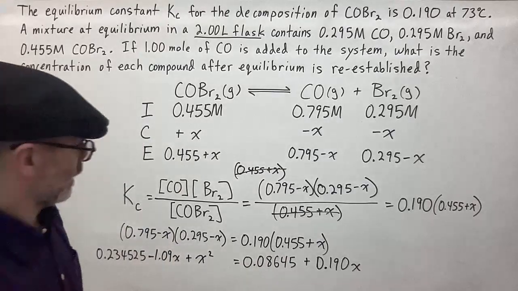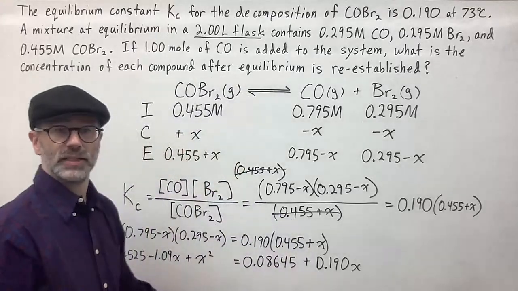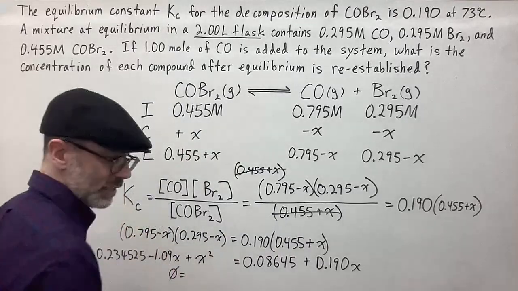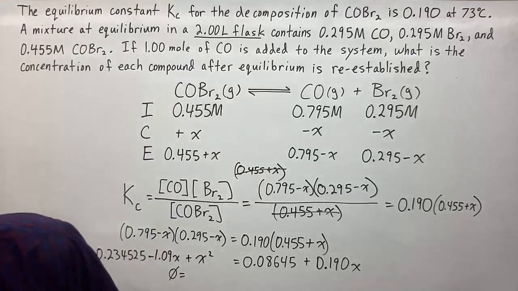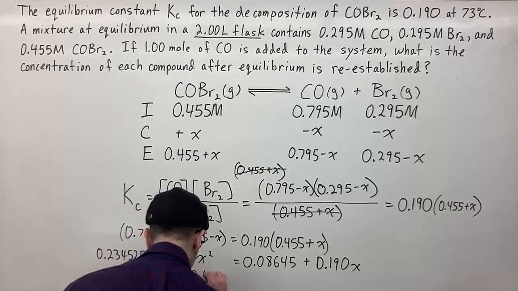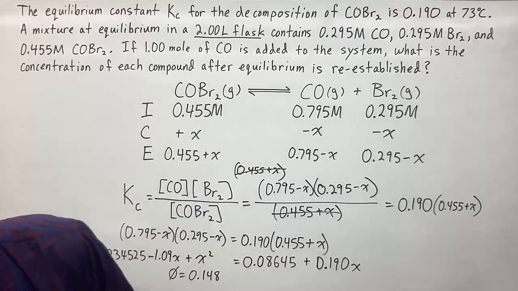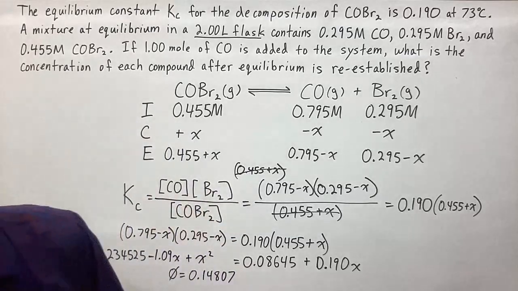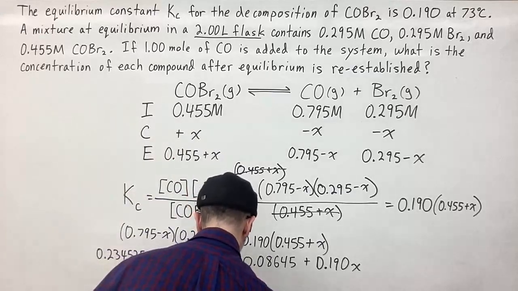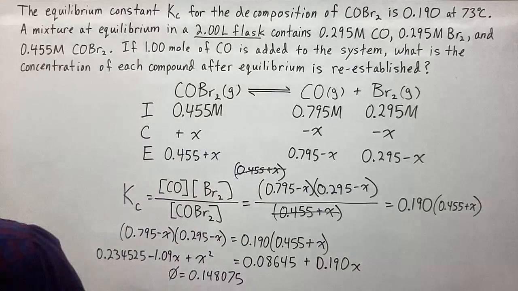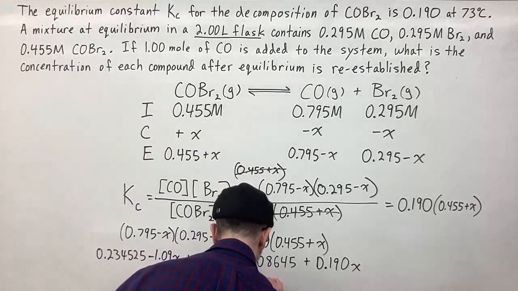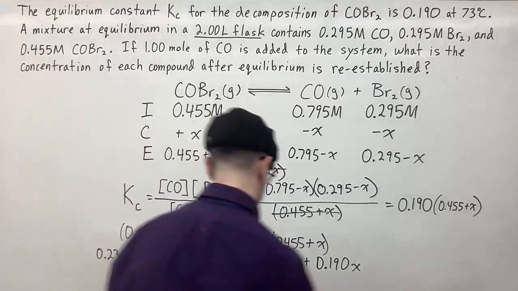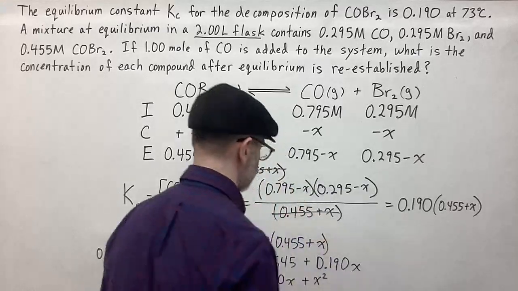And when I do that, I get 0 is equal to 0.148, 0.75 minus 1.280x plus x squared.